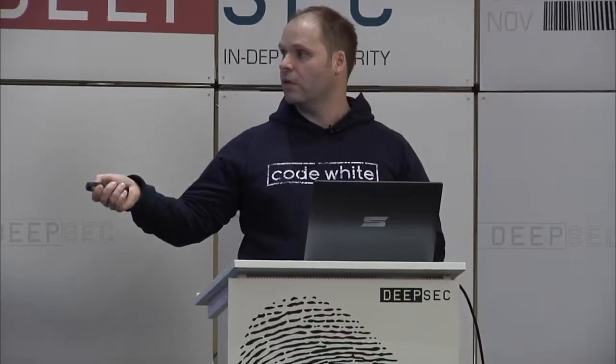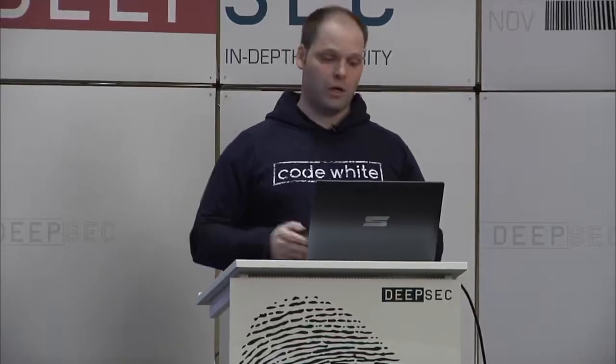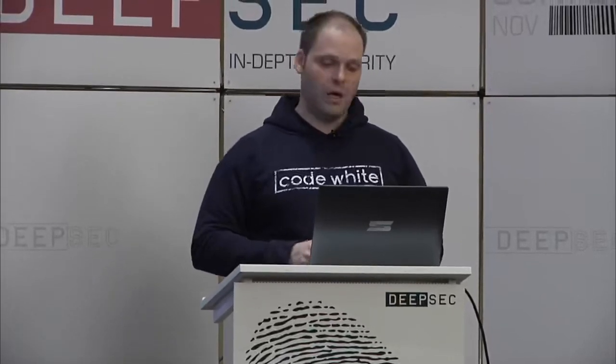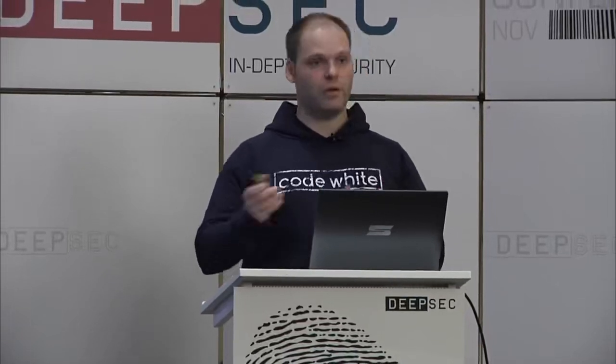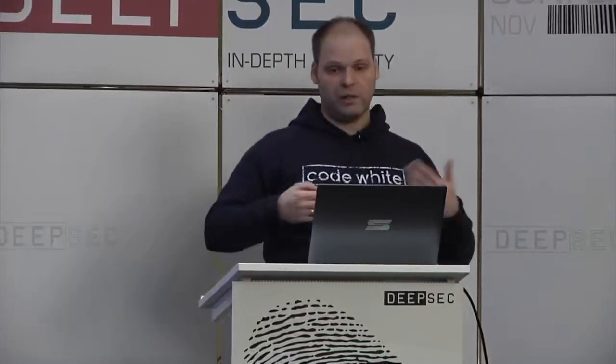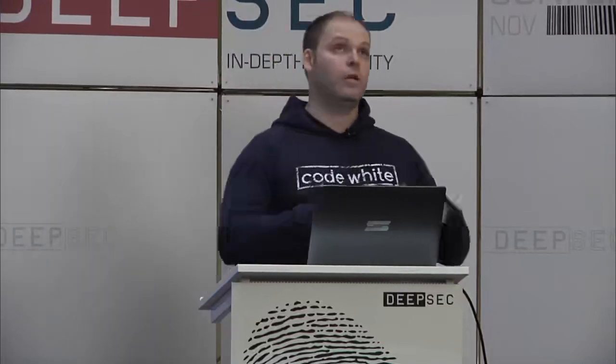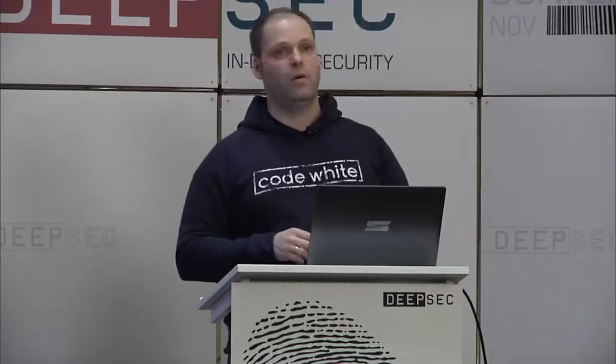So give me all classes that implement Serializable and have methods readObject. Then suddenly you get all the classes which have overwritten the deserialization behavior, which is a good starting point.